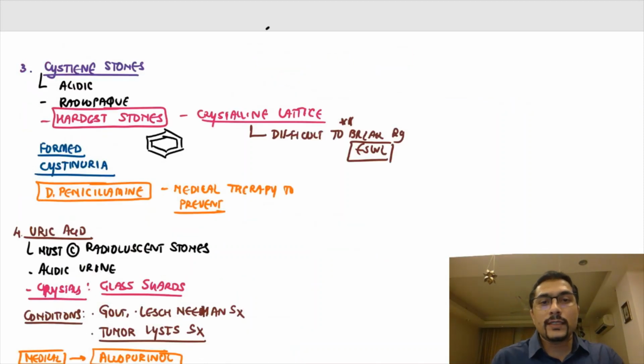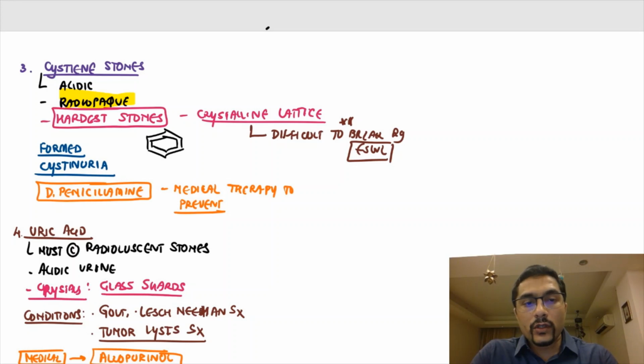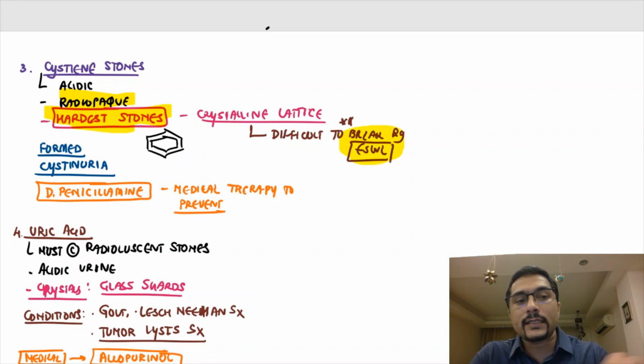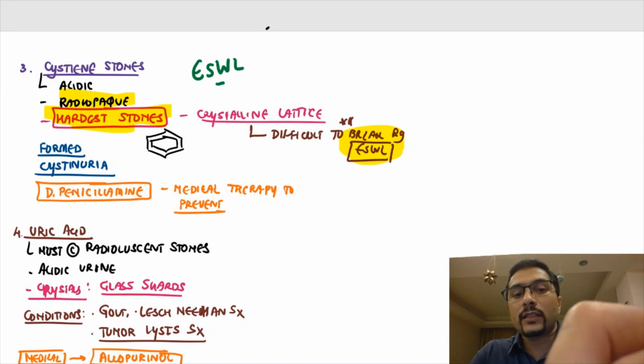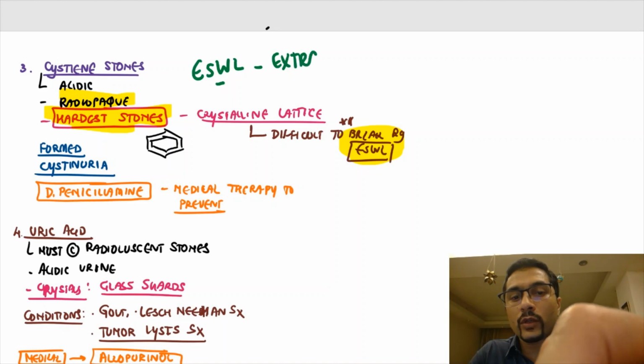Other types of stones: cystine stones are also radio opaque, and the question which has been asked is that they are the hardest stones and you cannot break them by ESWL. The full form of ESWL has also been asked in your exam. It is a method to deal with renal stones. It is known as extracorporeal shock wave lithotripsy.